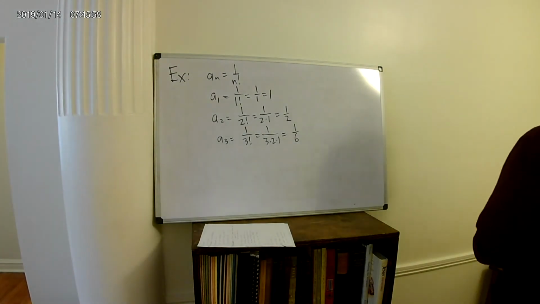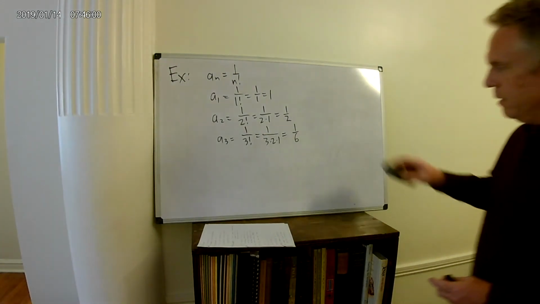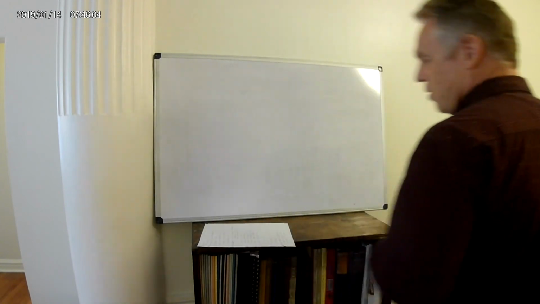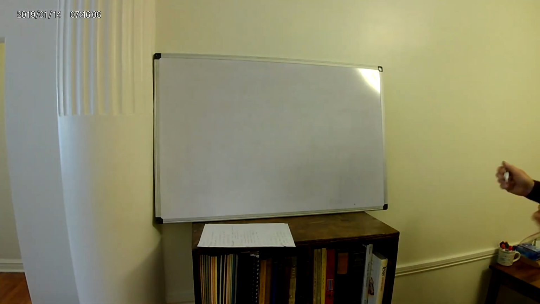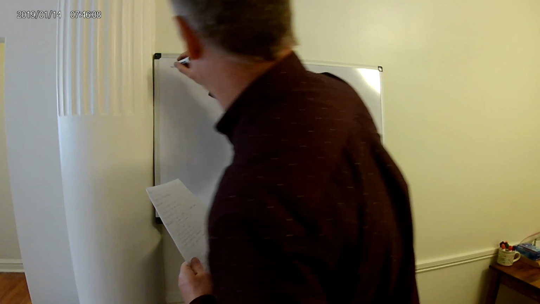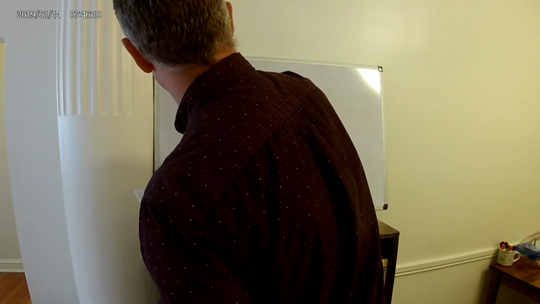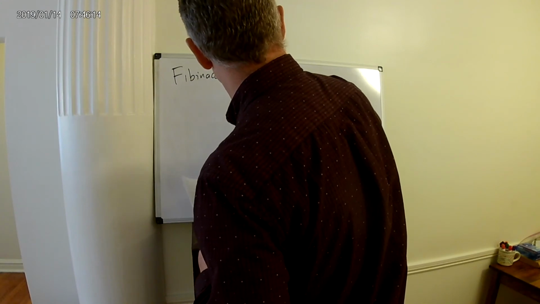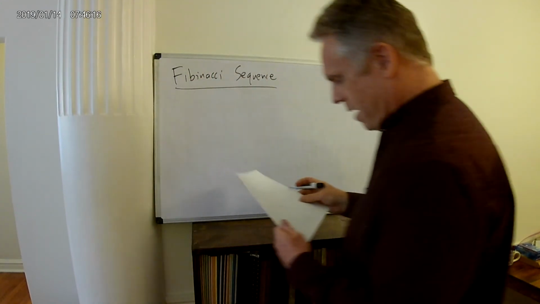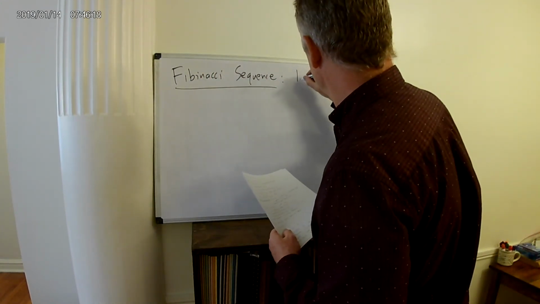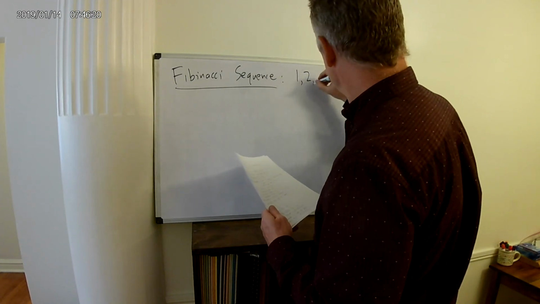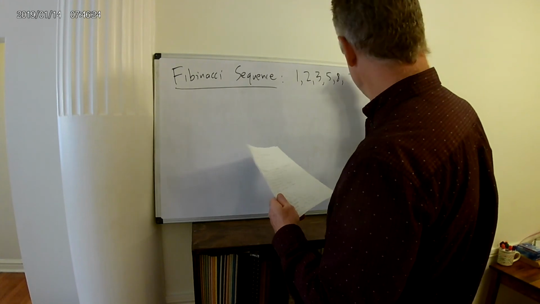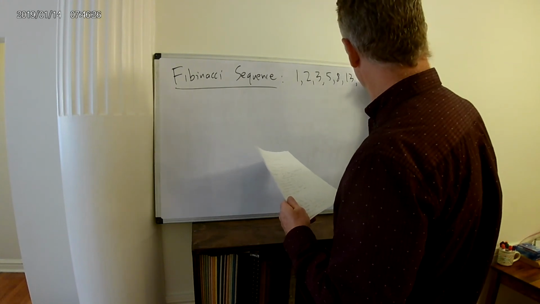Okay. The last topic is I want to consider a fun sequence. It's called the Fibonacci sequence. You may have heard of this. The Fibonacci sequence is given by this series of numbers: 1, 2, 3, 5, 8, 13, 21, and so on.